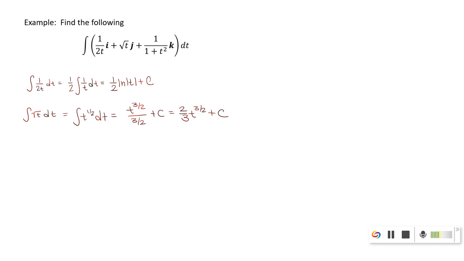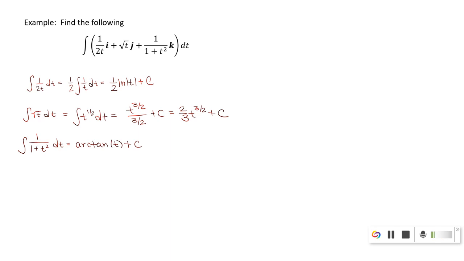Second component function, let's integrate square root of t. It's the same thing as t to the 1/2. Add 1 to the exponent and divide. And so I get 2/3 t to the 3/2, and again, plus a constant. Last one, if I integrate 1 over 1 plus t squared, I just have memorized that that is arctangent of t plus a constant.